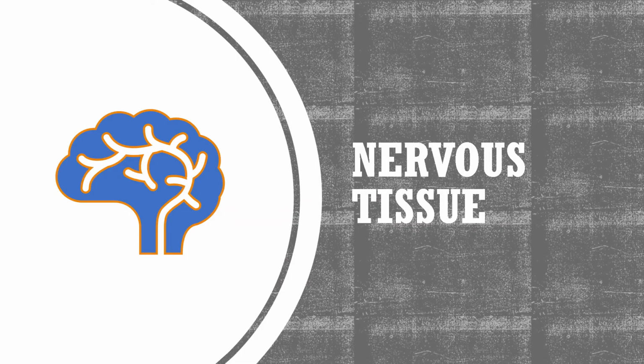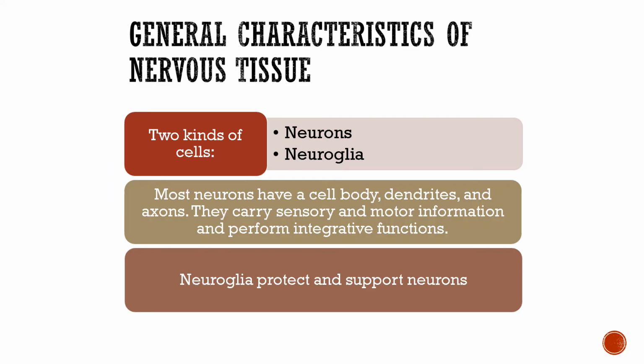And then we have nervous tissue. Now nerves can convert stimuli, mechanical stimuli, like being touched, for example, into electrical signals called action potentials. So the neuron is made up of 3 parts: the cell body, the dendrites, and the axons.